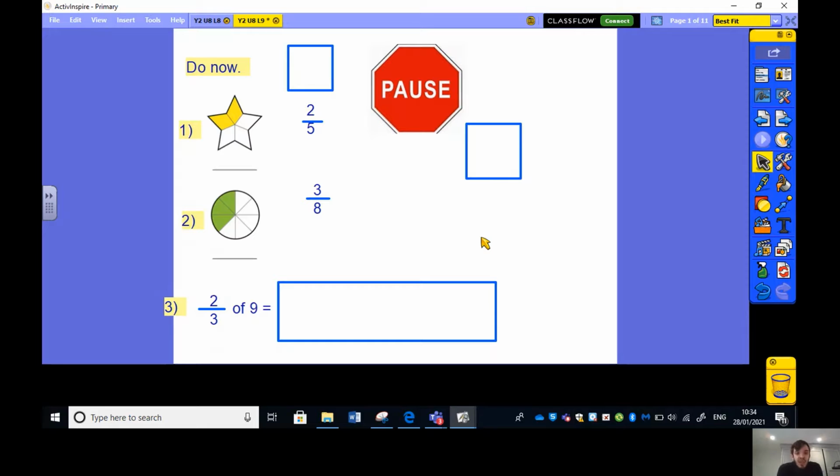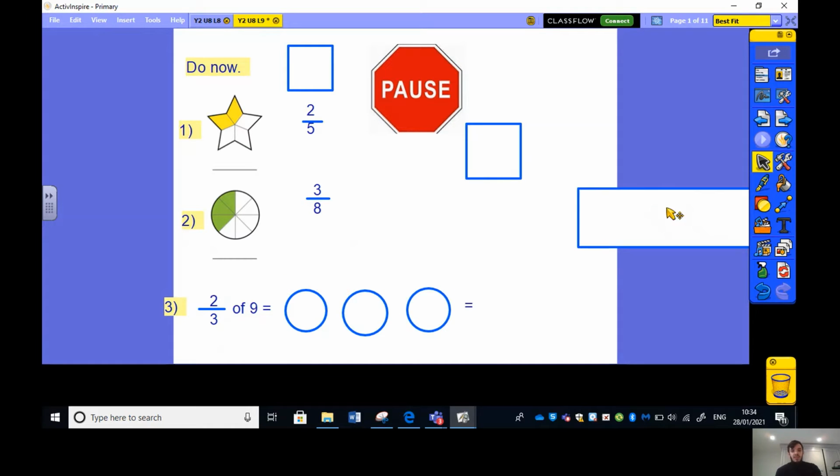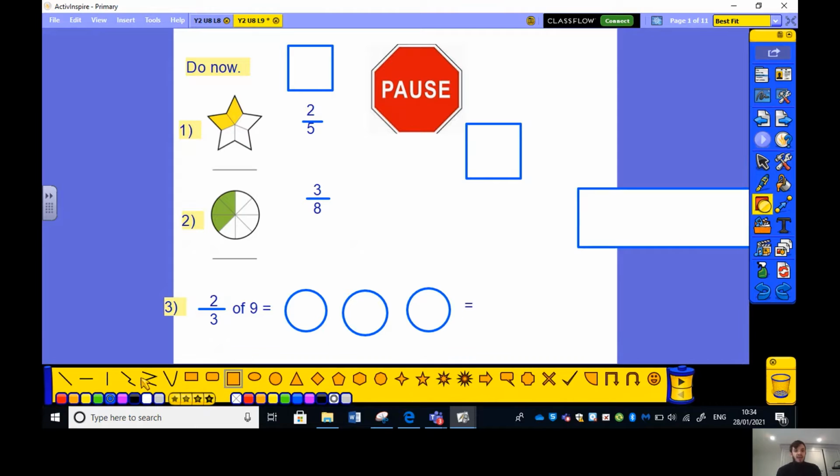The third question, slightly more tricky. What is 2/3 of 9? Well, from our last two lessons, there are different ways of solving this, but I know the first step is to divide the whole of 9 by the denominator 3, and I can use the circles method here. So I know I need to share 9 equally into 3 groups, because I'm trying to find what 1/3 is to begin with.